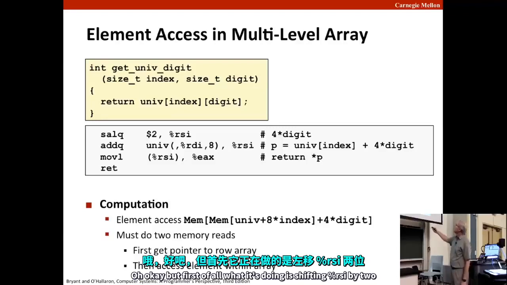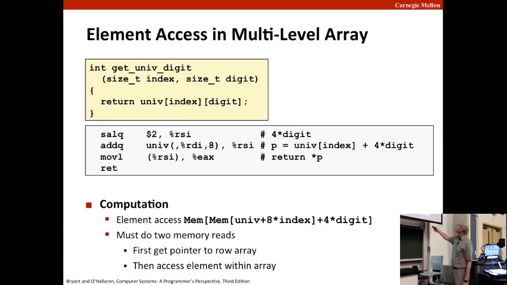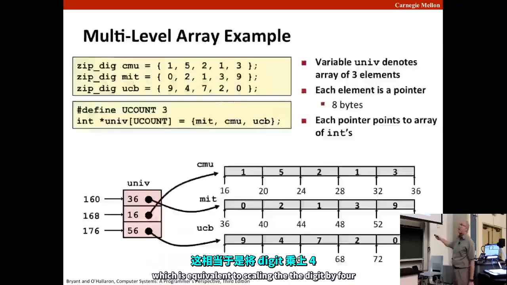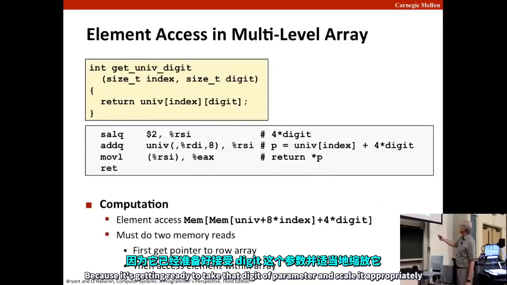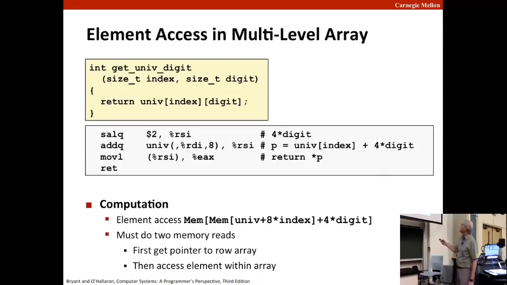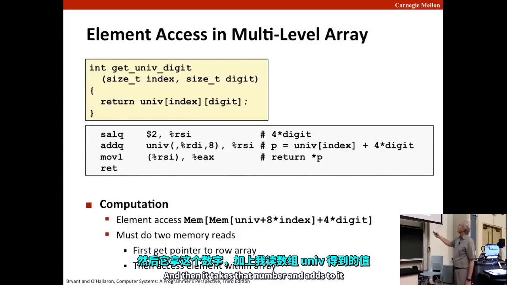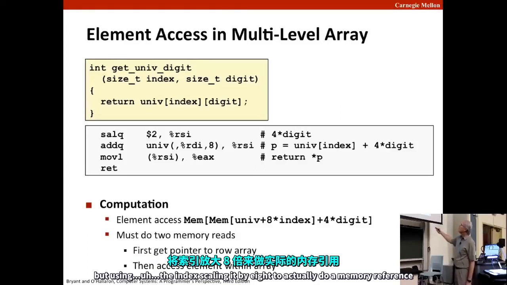First of all, what it's doing is shifting RSI left by 2, which is equivalent to scaling the digit by 4, because it's getting ready to take that digit parameter and scale it appropriately. And then it takes that number and adds to it the value I get by reading from the array univ, but using the index, scaling it by 8 to actually do a memory reference.